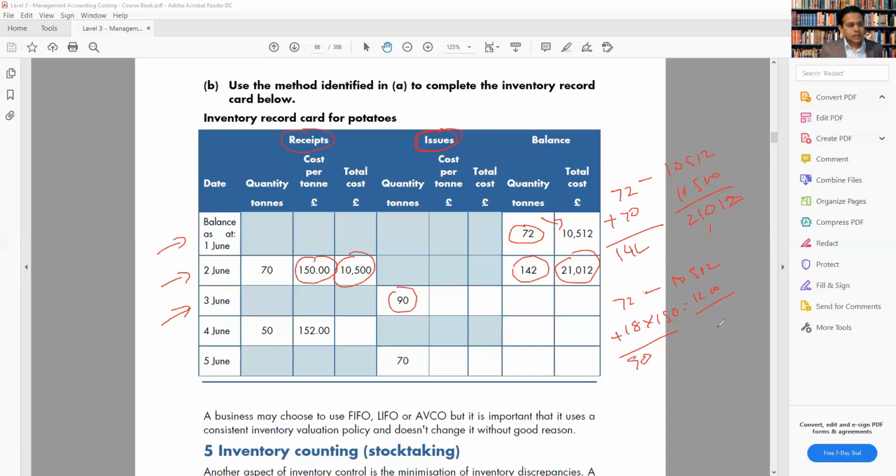And the cost of the 90 units will be how much? So 18 times 150, that is 2,700.